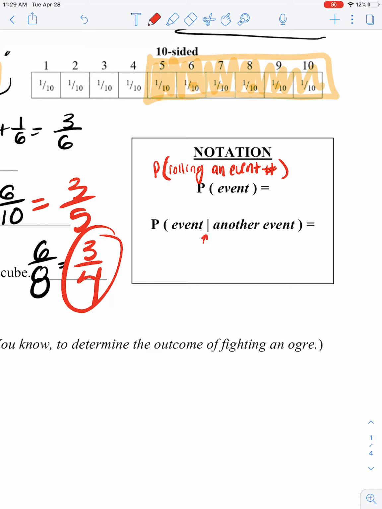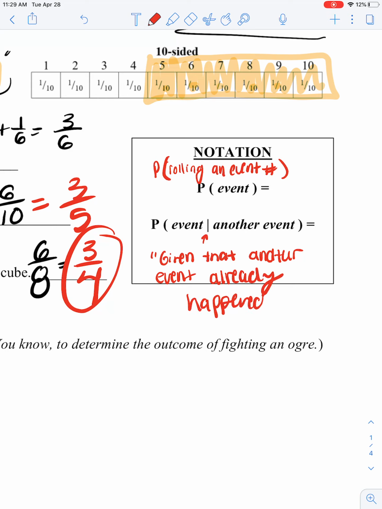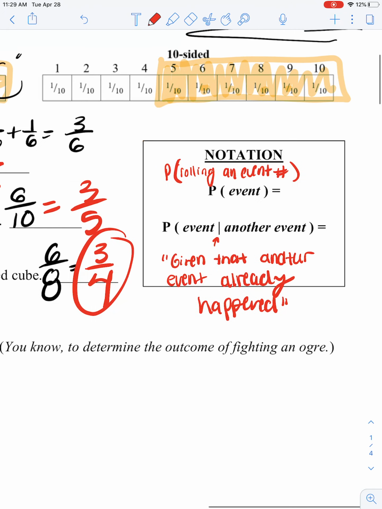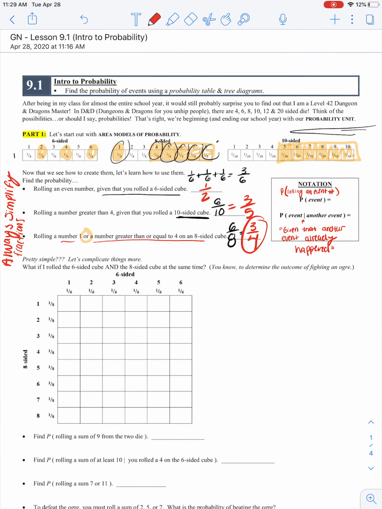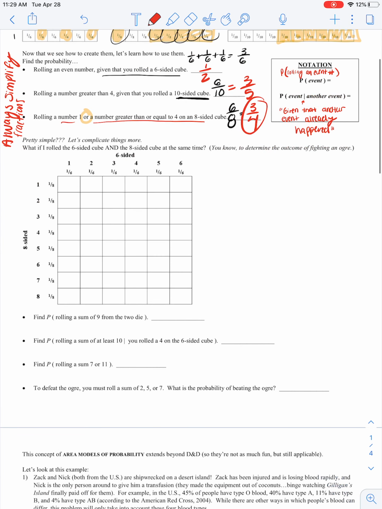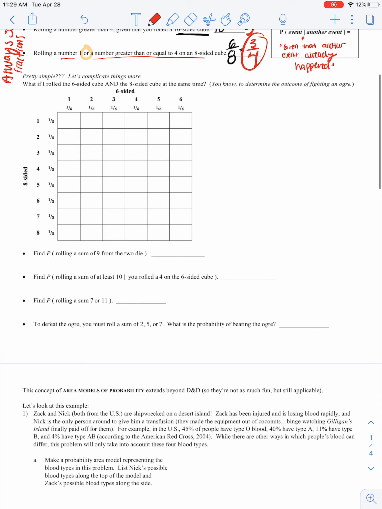This little bar here means the probability of an event given that another event already happened. So that would be like the second one. Okay, moving on. Pretty simple.